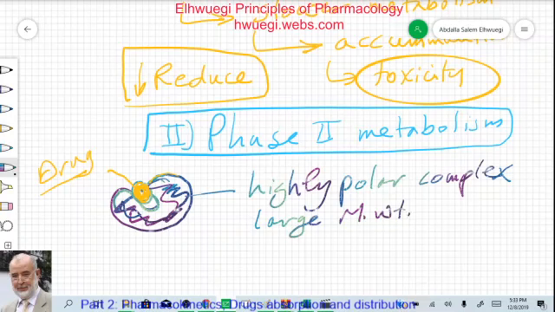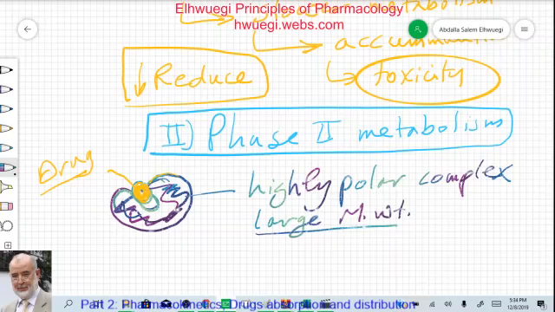Highly polar, that means water soluble, it can be excreted easily, and it is large in size, therefore it cannot cross biological membrane. For example, if it is present in the urine, it cannot be reabsorbed back into the general circulation.